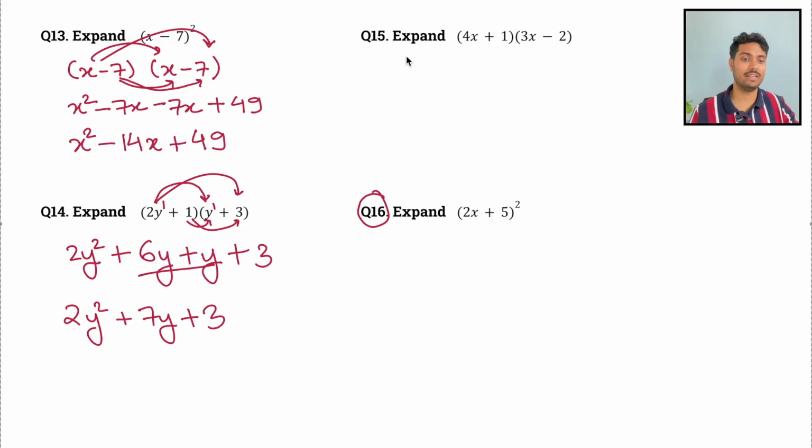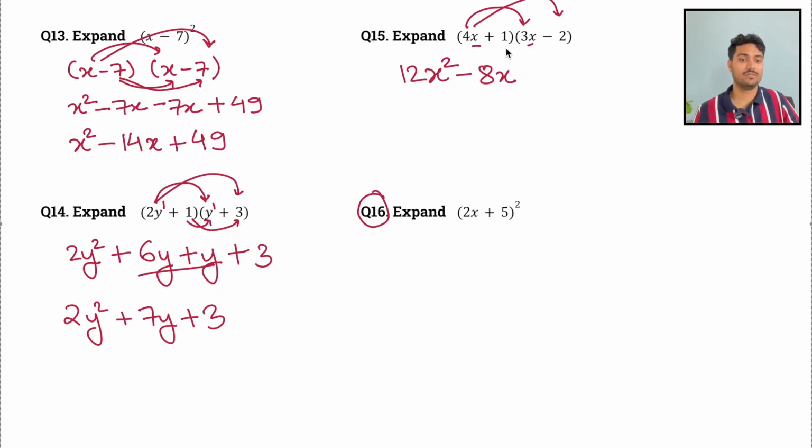Let's try question number 15 now. It says expand 4x plus 1, 3x minus 2. So same approach, 4x into 3x. So 4 into 3, 12. x multiplied by x हो जाएगा x square. 4x into minus 2, so minus 8x because 4 2s are 8, but negative sign because plus minus minus.